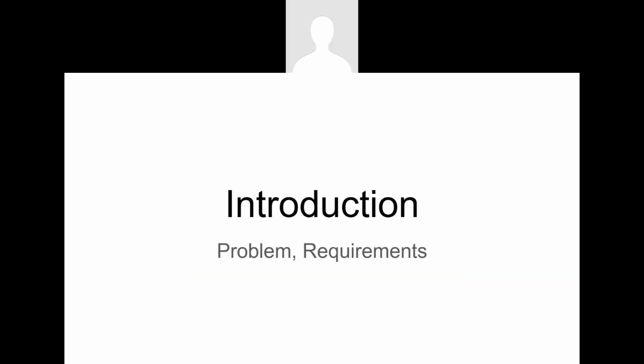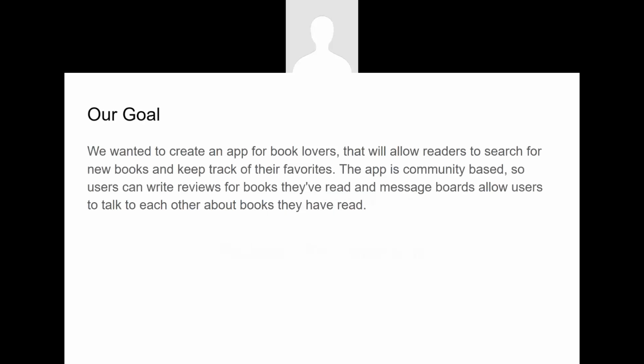So, our introduction. What problem are we aiming to solve here? Well, there are a lot of book tracking apps on the market, but not many that combine personal book tracking with a community experience. Exactly, Tiffany. We wanted something where users could search for new books, save their favorite books, leave reviews on books, and talk to others about books and what they're reading.